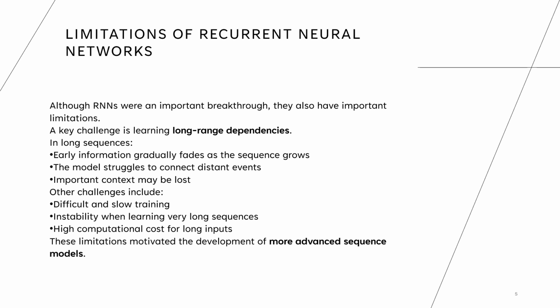These limitations do not mean that recurrent neural networks are useless. In fact, they played a major role in advancing sequence modeling. However, these challenges motivated researchers to explore new architectures designed to overcome these weaknesses. In the next slide, we will compare recurrent networks with feed-forward networks to better understand when each approach is appropriate.